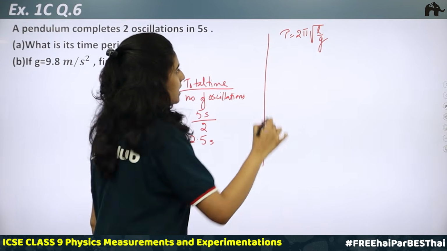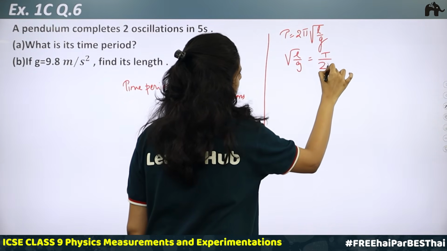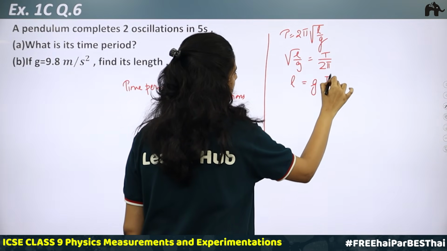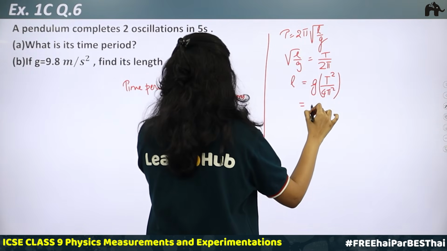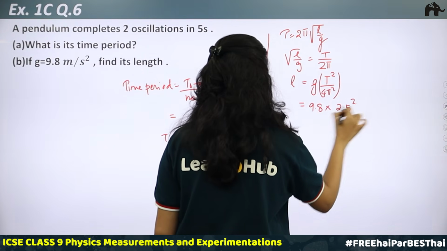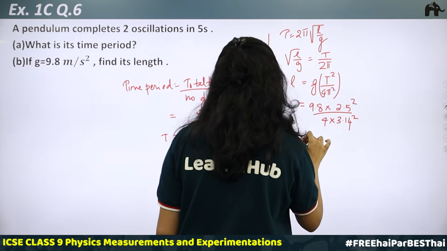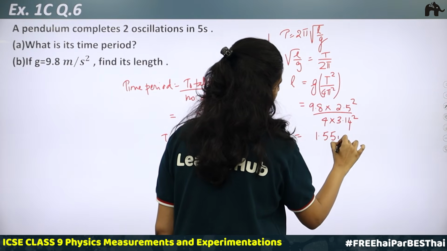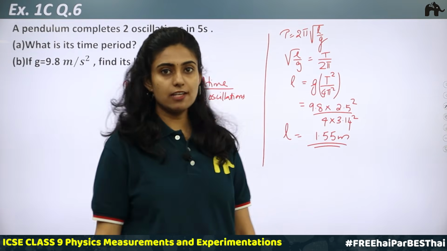From this we can write root L by g is equal to T divided by 2 pi, and L is equal to g T square by 4 pi square, which is equal to 9.8 into 2.5 square divided by 4 into 3.14 square. When you calculate this, you will get 1.55 meters. So, the length of the pendulum is 1.55 meters.